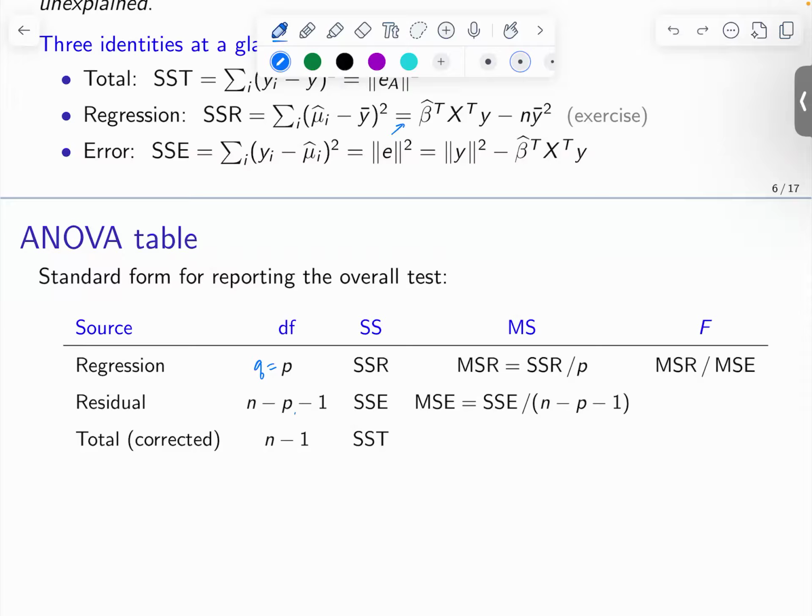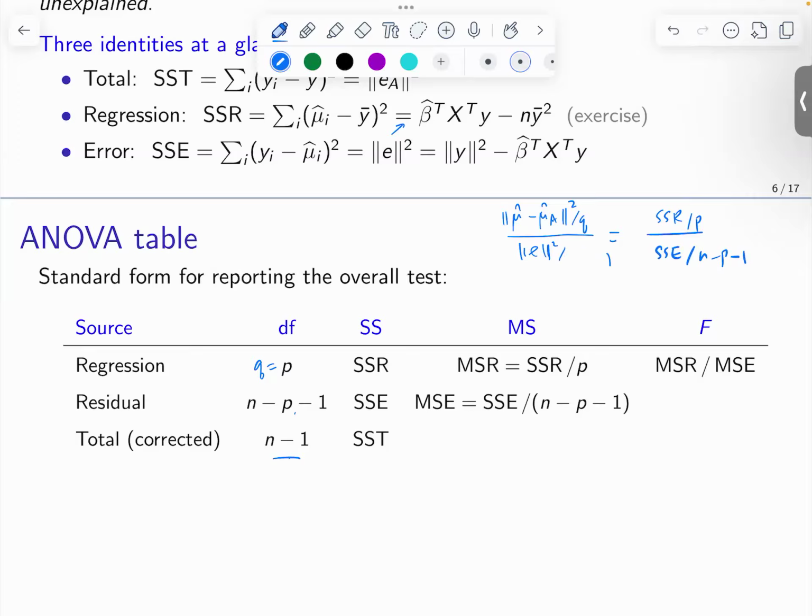And then when you form the F-test, the F-test was the norm of mu hat minus mu hat A squared divided by q, over the norm of e squared divided by its degrees of freedom. Here the numerator would be SSR divided by p, since q is p, and the denominator is SSE divided by n minus p minus 1.